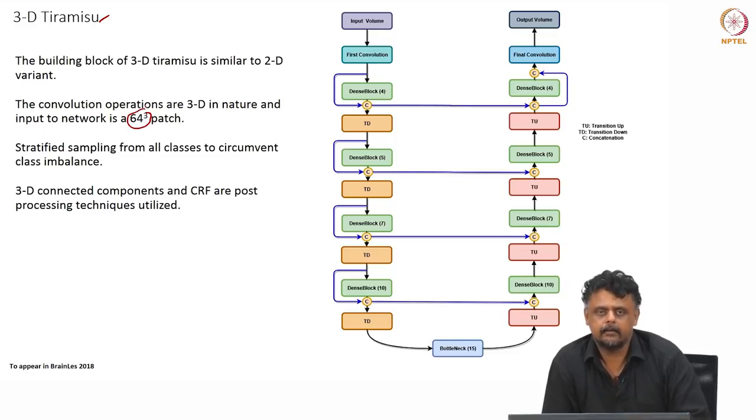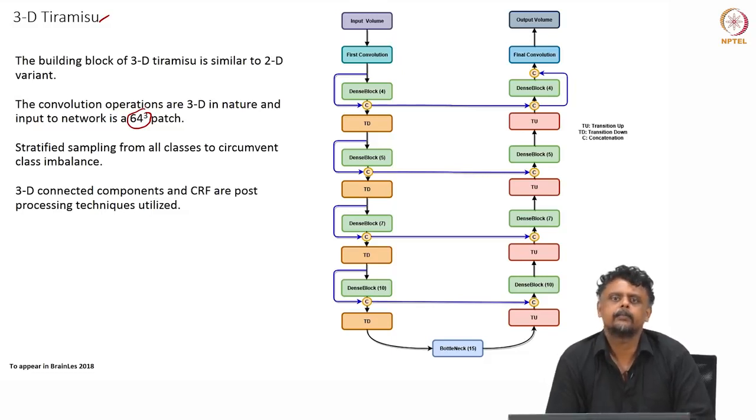That is a general observation that we can make. So, doing 3D patches for medical images, at least in the problem that we are looking at, alleviates the class imbalance problem to some extent. So, of course, you can always sample so that the underrepresented classes have more samples to match those classes that are overrepresented.